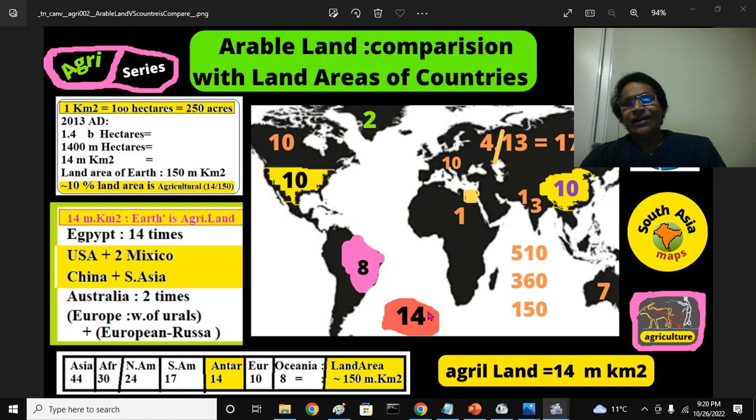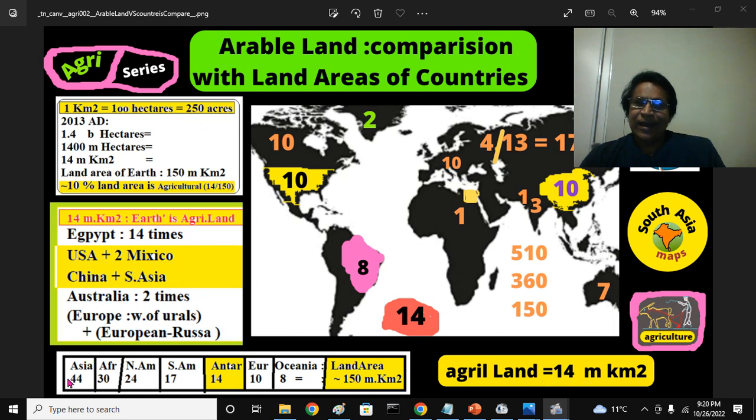There is an icy continent, a landmass here in the southern hemisphere. Antarctica is exactly 14 million square kilometers. Then we have Brazil. Brazil is 8 million square kilometers. Double the area becomes 16. You can make it around 15. That is again the agricultural land, more or less.